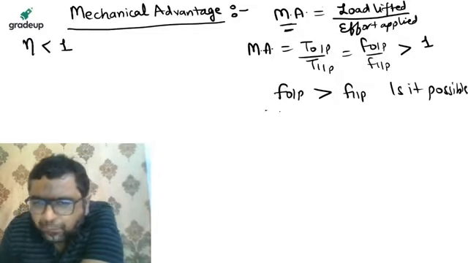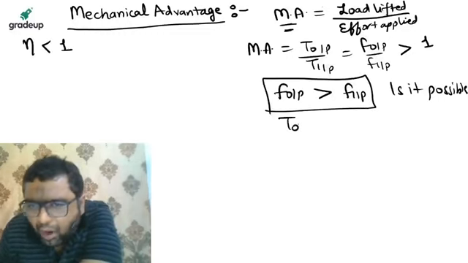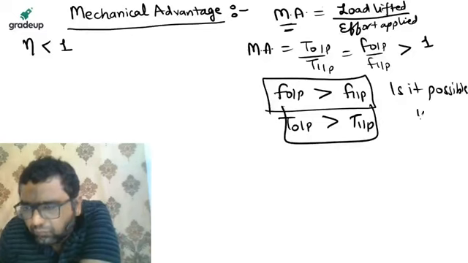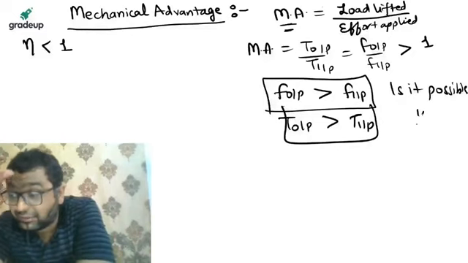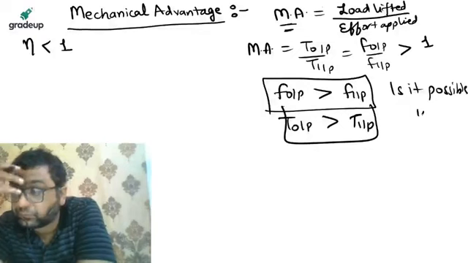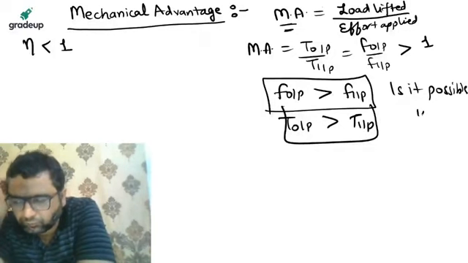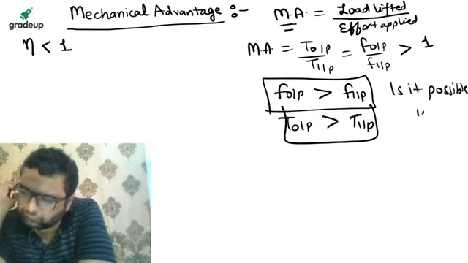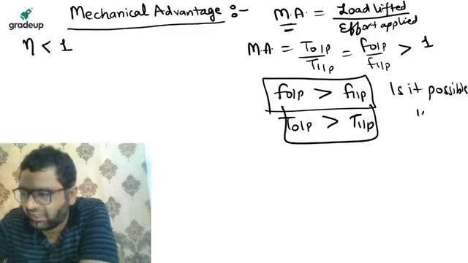So please tell me, is it possible or not? Can you have output torque more than input torque? Please tell me that, guys. I am waiting for your reply, dear.